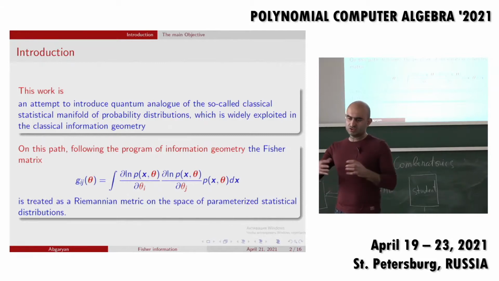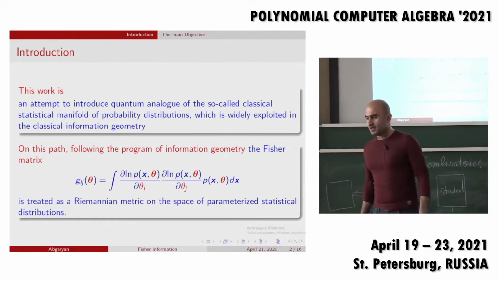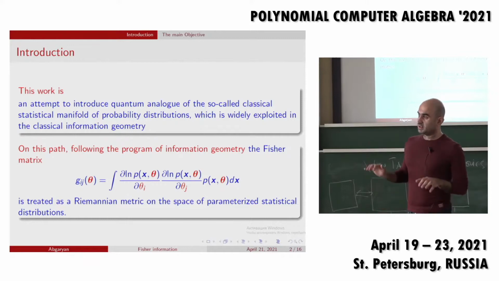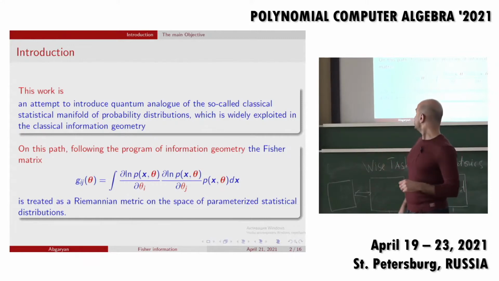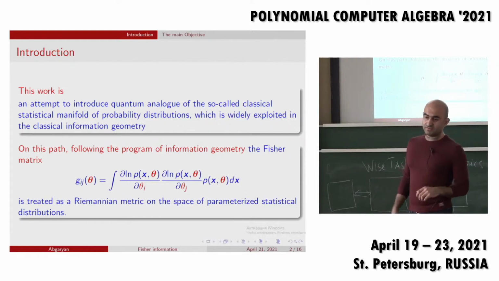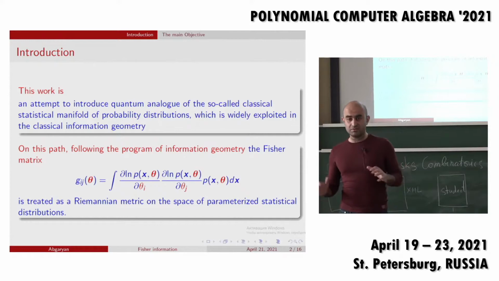We want to introduce certain distances. This gives rise in turn to information geometry. The main object in this information geometry is the Fisher information matrix, which plays the role of a Riemannian metric on the manifold of probability distribution functions.